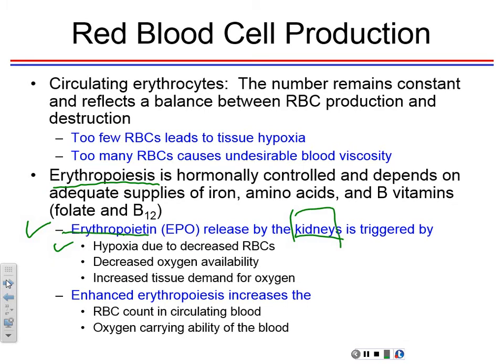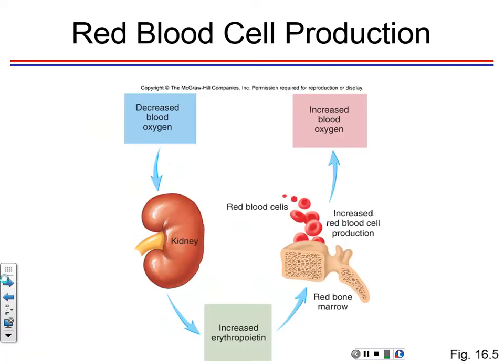Erythropoietin enhances erythropoiesis and increases the red blood cell count. Once you increase the red blood cell count, you affect the oxygen carrying capacity of blood, because that's what it does.